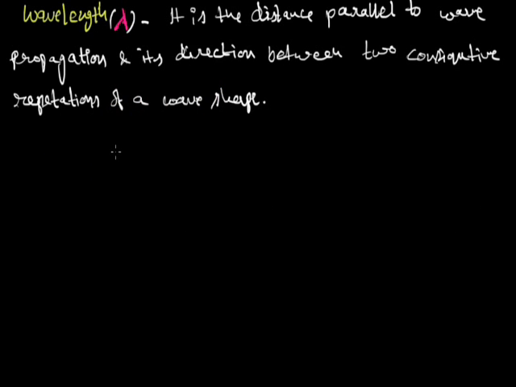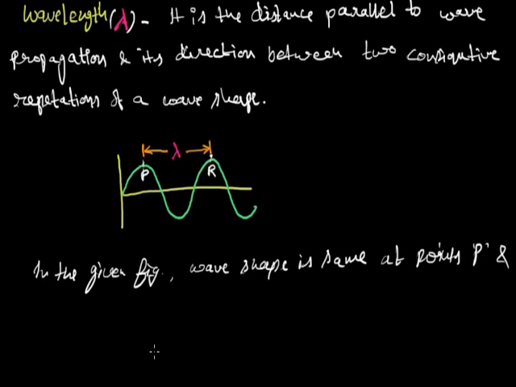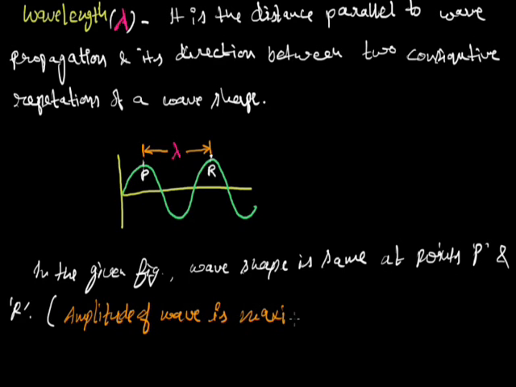You can see the diagram here given below. In the given figure, wave shape is same at points P and R, or we can say amplitude of wave is maximum at both P and R points.